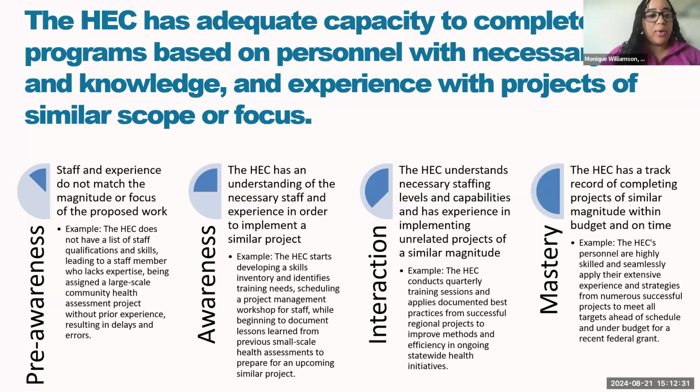At the pre-awareness level, staff and experience do not match the magnitude or focus of the proposed work. An example of this would be the HEC does not have a list of staff qualifications and skills, leading to staff members who lack expertise being assigned a larger scale of health community assessment projects without any prior experience, which could of course result in delays and errors.